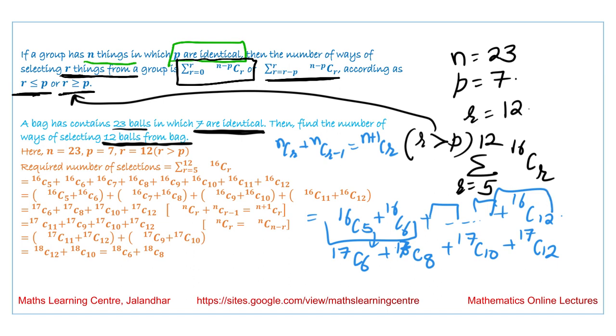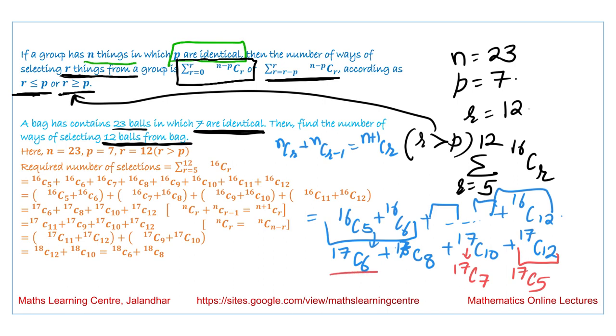Now if we look at this term, 17C10 is equal to 17C7, and 17C12 is equivalent to 17C5.